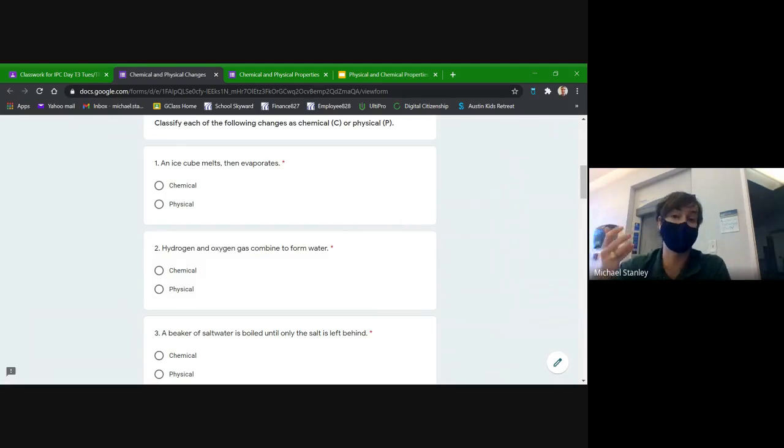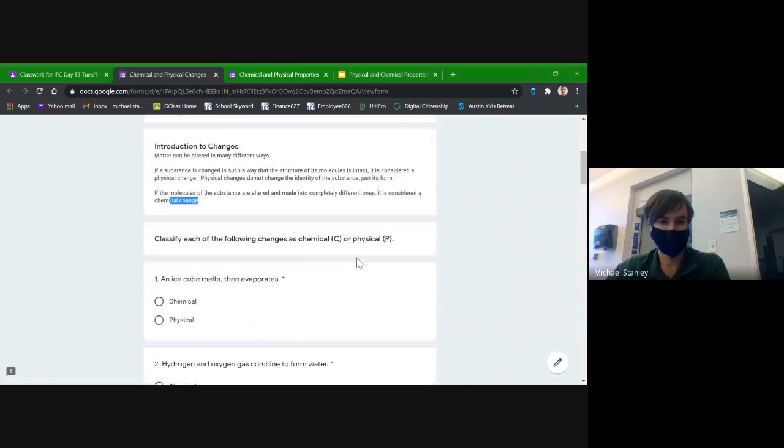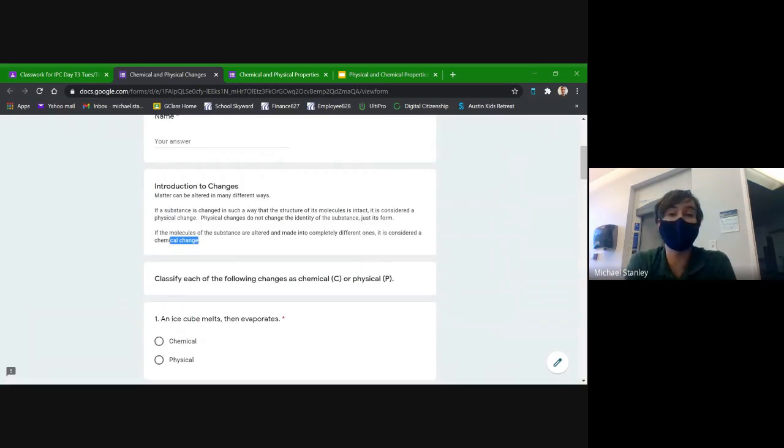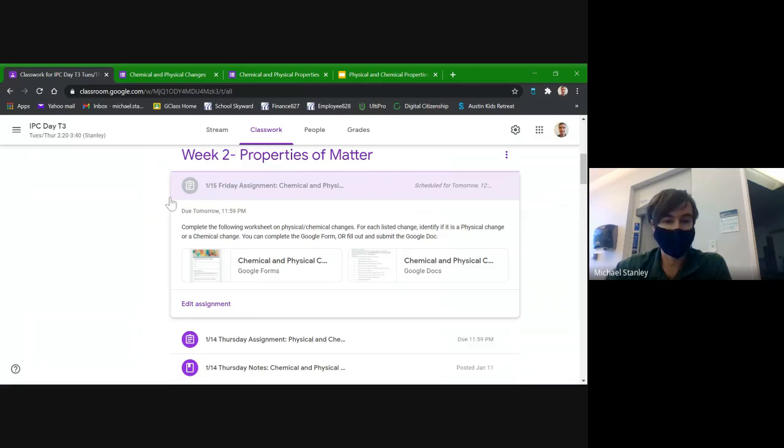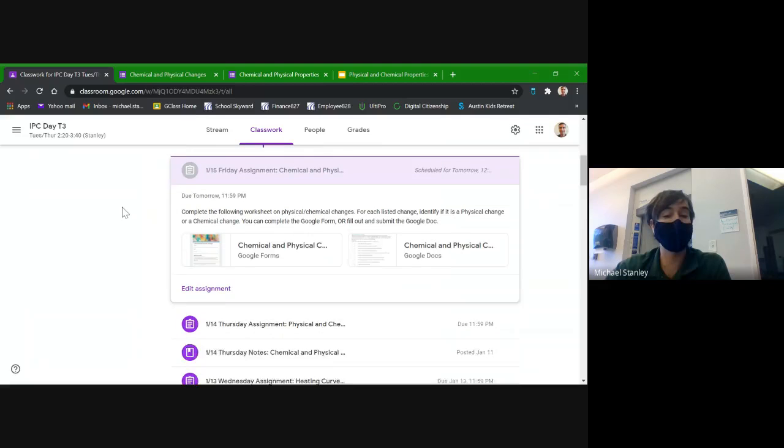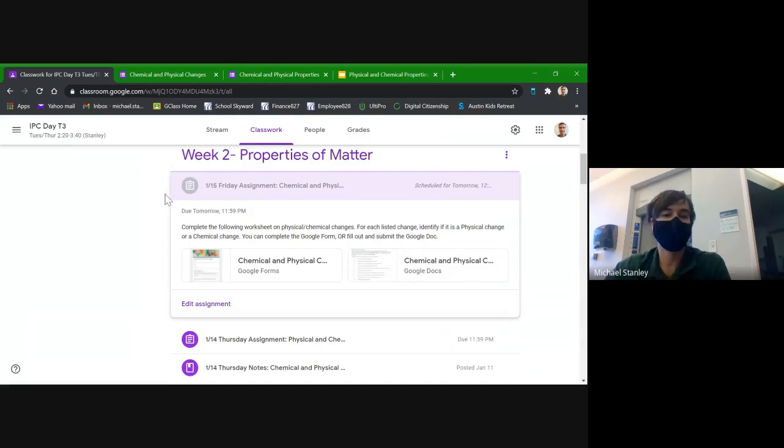And it goes through some sort of change, and it's going to be your job to tell me, is that a chemical change or a physical change that I have just described? So pretty much the exact same setup as the assignment from today, but talking about chemical and physical changes instead of properties. All right, so that will be your daily assignment for Friday, those 18 questions.